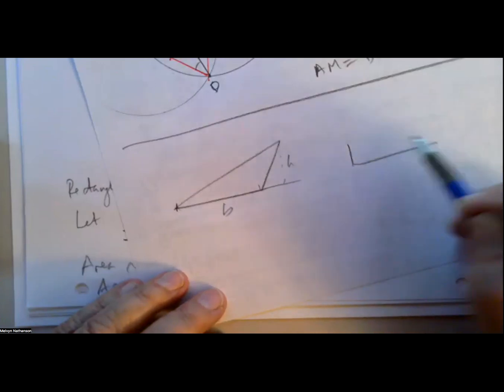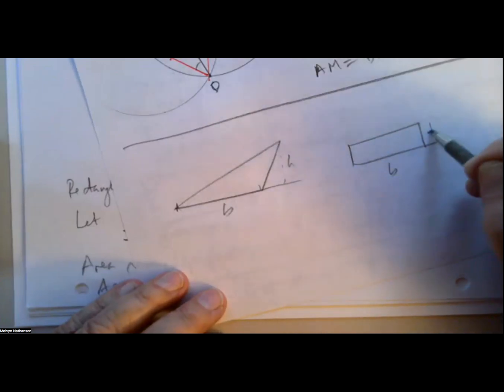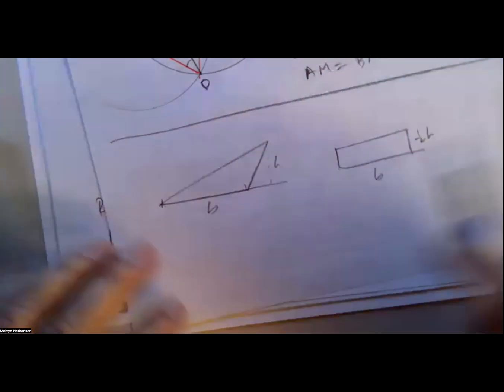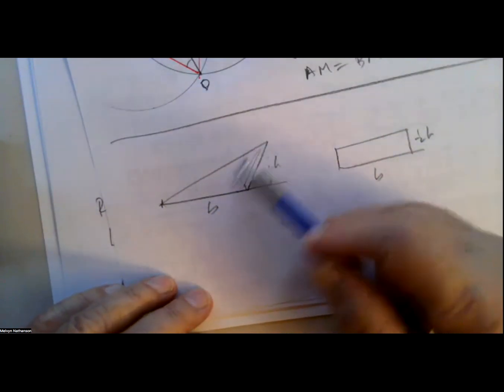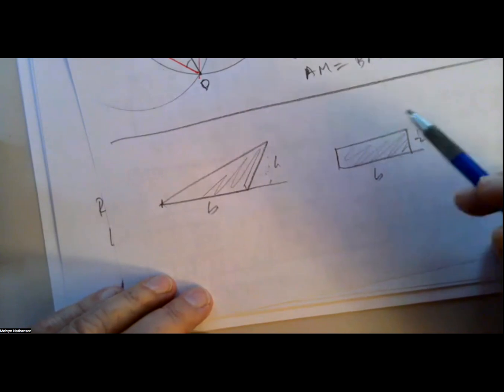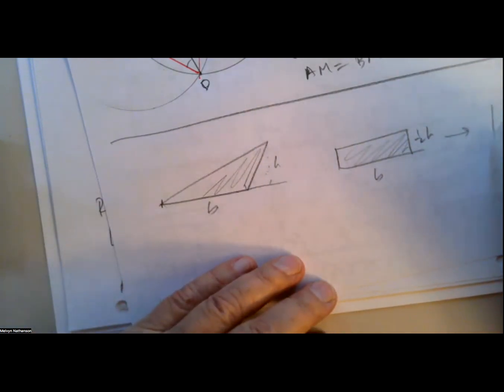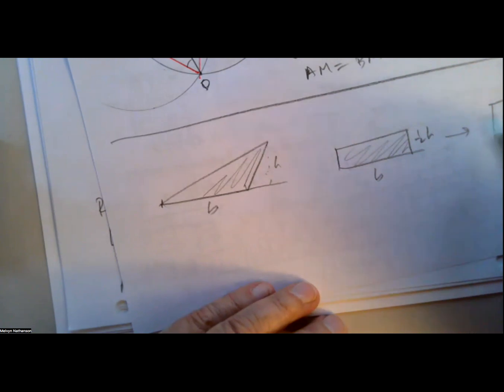Construct a rectangle with the same base and half the height. The area of a triangle is the base times half the height. So this triangle and this rectangle have the same area. And from this, we can construct a square with the same area as the rectangle, and therefore the square has the same area as the triangle.